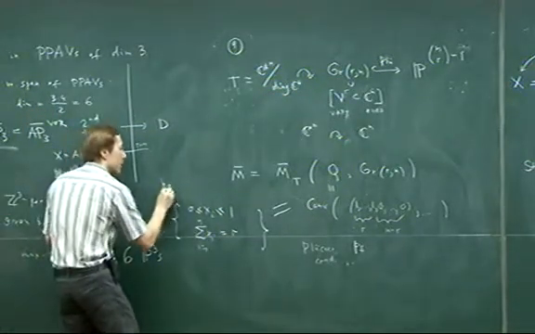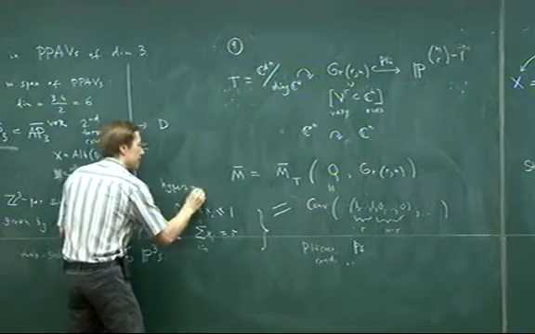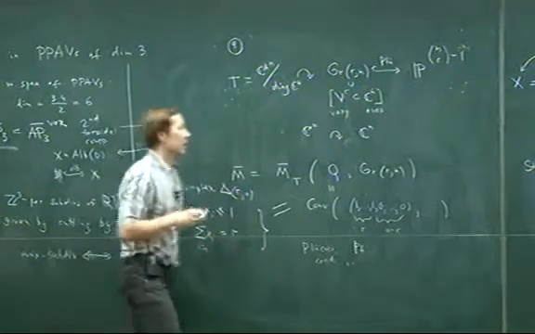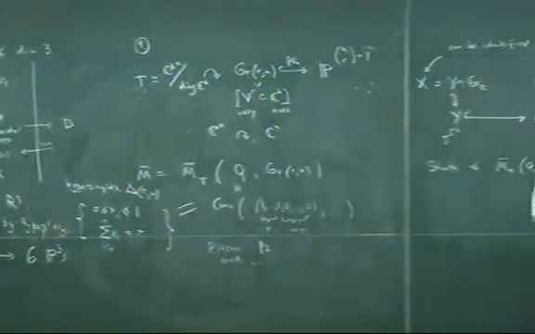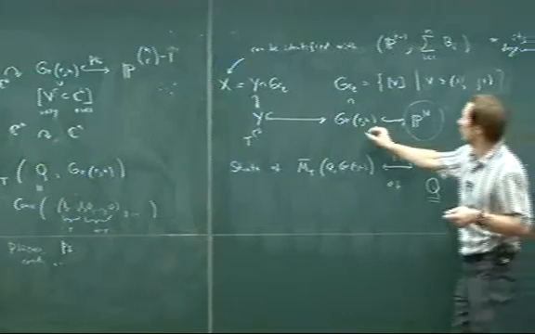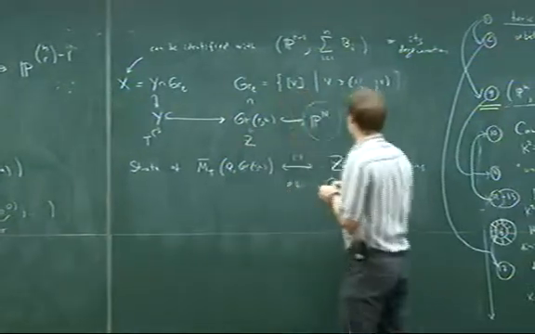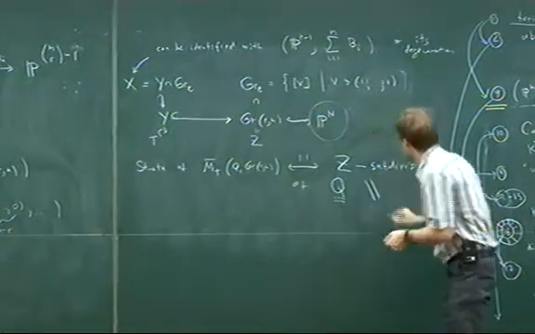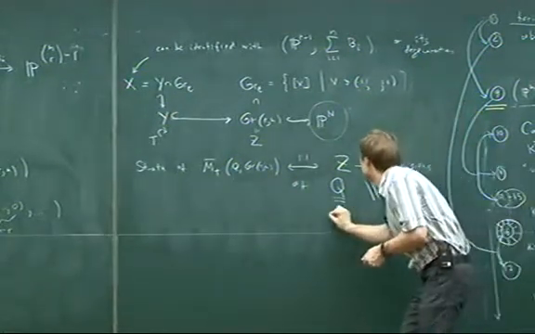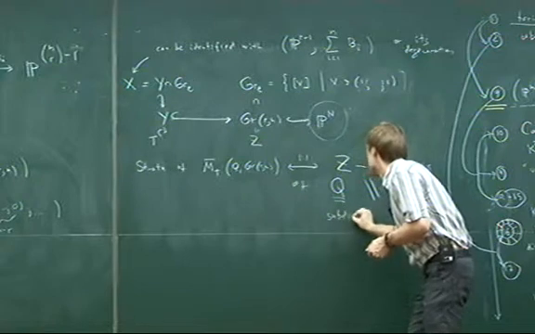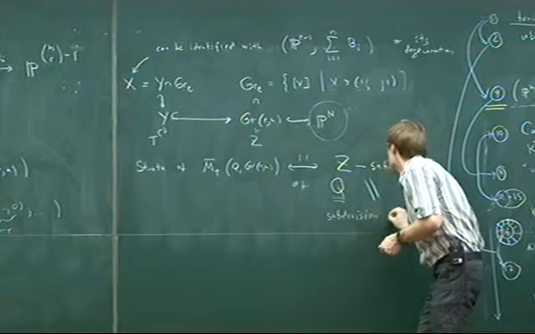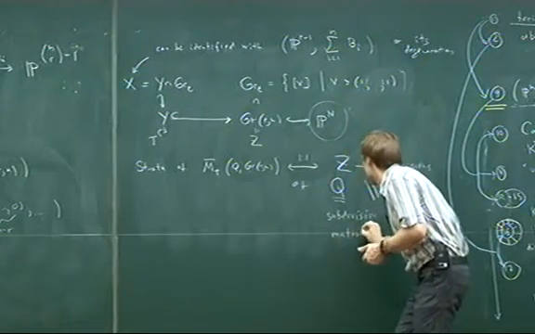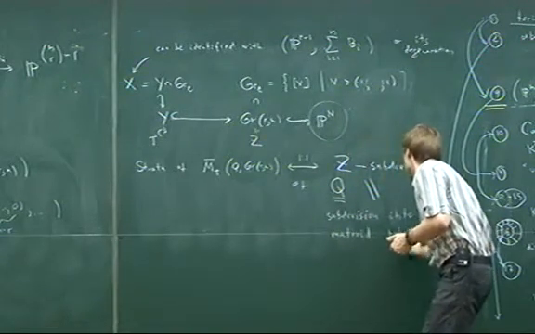So this is the hypersimplex Δ_{r,n}, and these Z-subdivisions. So Z is the Grassmannian. The answer is that this should be a subdivision into, not arbitrary, but into matroid polytopes.